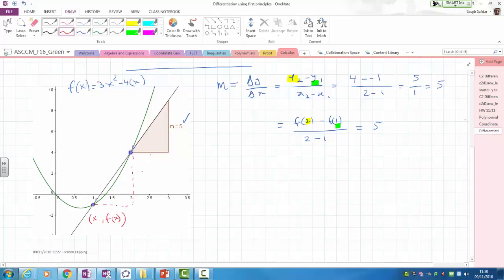Let's call this our change in y, and this one here will be a change in x. Now we know from the x to go to this next point, we added what? What's the change in x? We added 1, didn't we? So we could write this as x plus 1. So this delta x is really just x plus 1. And then my y coordinate will be what? Plus 1.